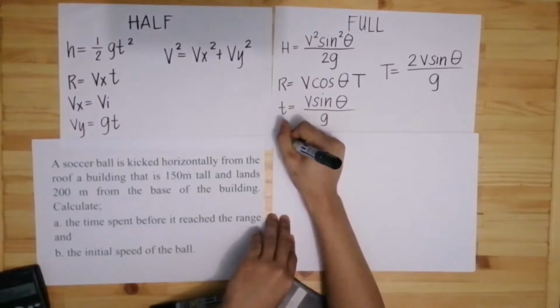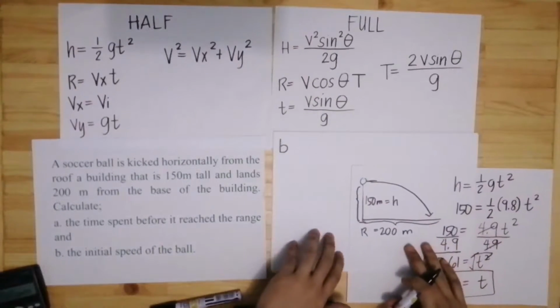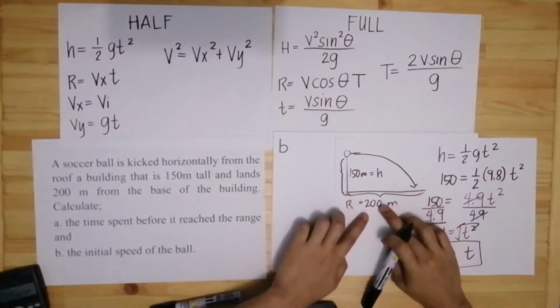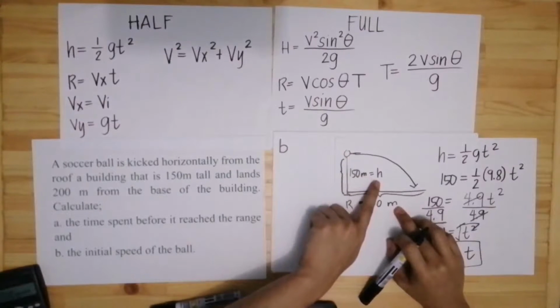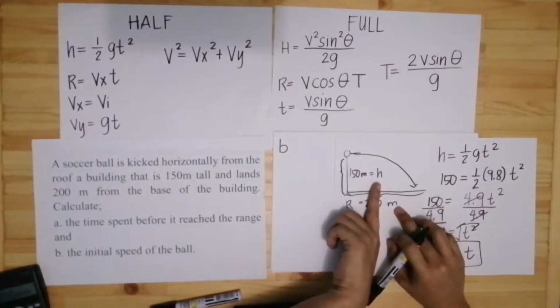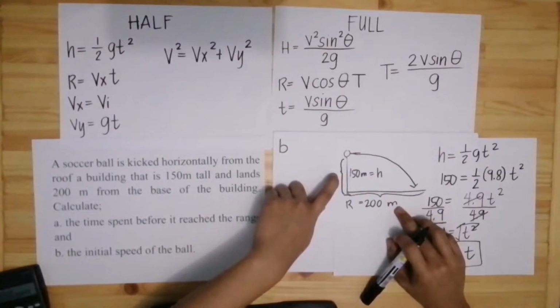For letter B. So, pansin natin ito yung representation natin, class. Diba ito yung range natin, 200 meters. Then, ito yung height natin, 150 meters. Ang hinahanap natin is the initial speed.